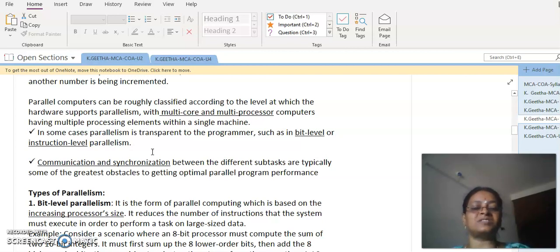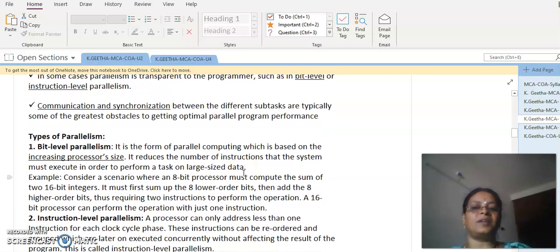That is, we have to distribute the load across multiple processors. How is this communication going to happen between them, and how are they going to do the operations concurrently in a synchronized manner? So communication and synchronization are the two major tasks that need to be planned properly to obtain optimal parallel program performance.